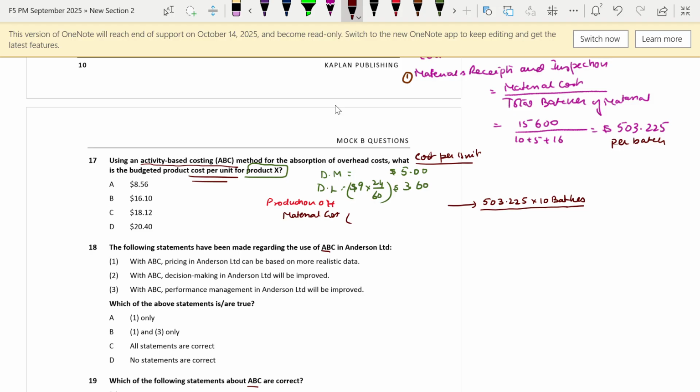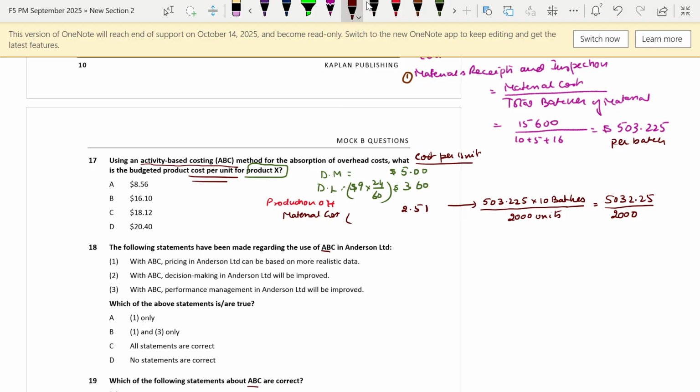How many units are there? 2000 units, only for X. 5032.25 divided by 2000. How much is there? 2.516, so 2.51. Okay, 2.51.